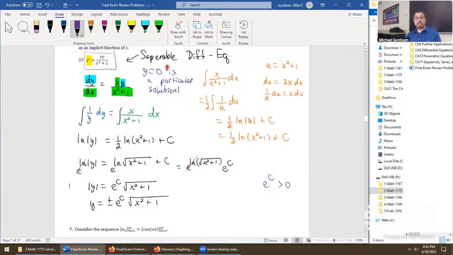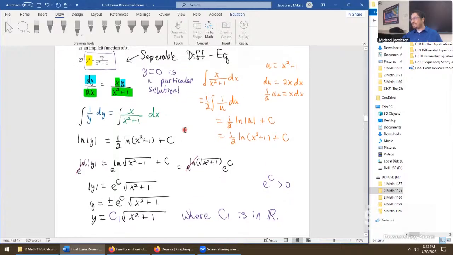But if a particular solution is 0 itself, that tells us this coefficient, plus or minus e to the power c, can now be rewritten as y equals, let's call it c1, root x squared plus 1, where c1 is in R. Any real number whatsoever qualifies. It's rolling together the exponential form, the negative form of the exponential, and the fact that 0 qualifies. You can let your coefficient be 0. You're just picking up y equals 0 when you do that.